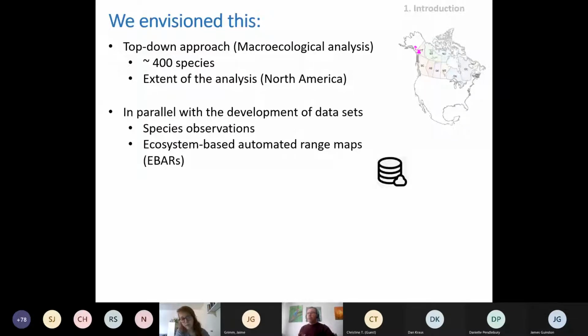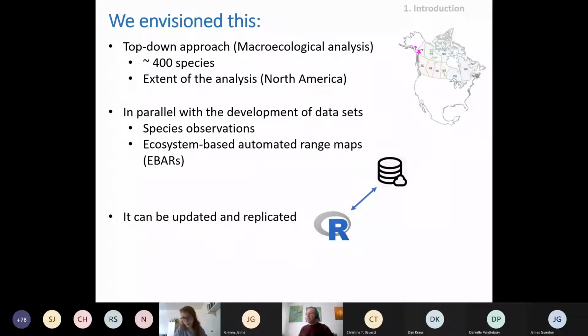And also we are going to work in parallel with the development of these data sets, the work that Chloé mentioned before, and also Christine about the EBARs. So we need to connect with these data sets to update if we have new data, and also replicate with a new species if we add new species to that list.